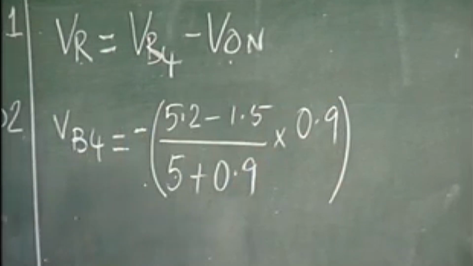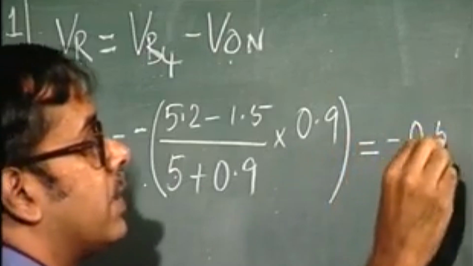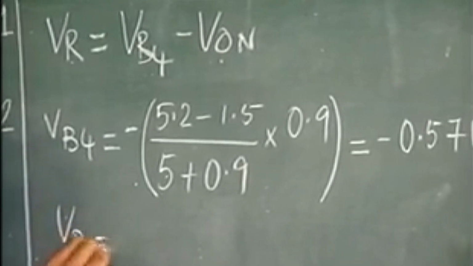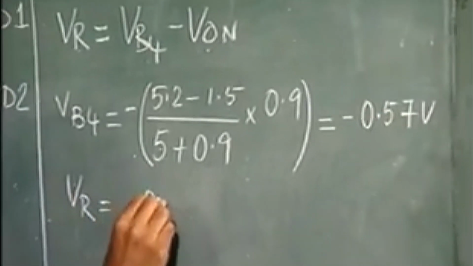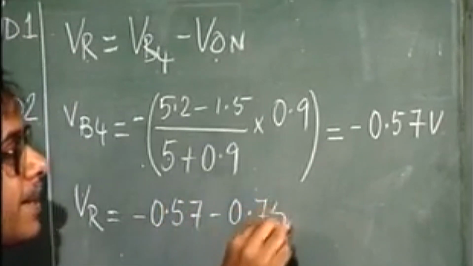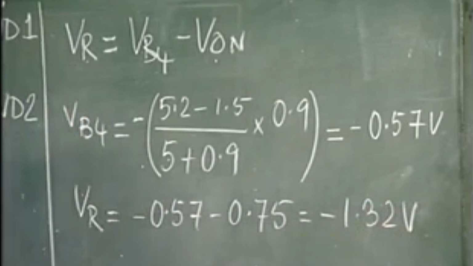If you calculate it, it gives minus 0.57 volts. So VR is equal to minus 0.57 minus 0.75, which is equal to minus 1.32 volts.